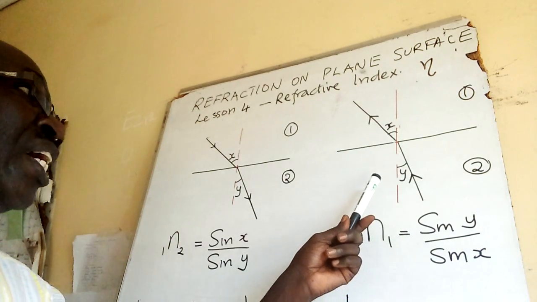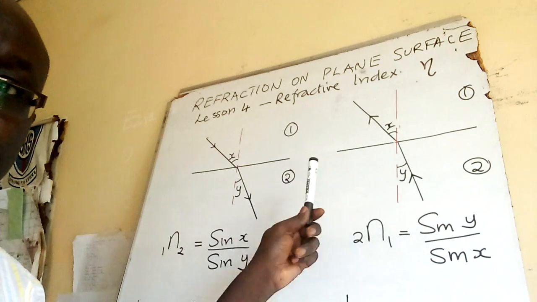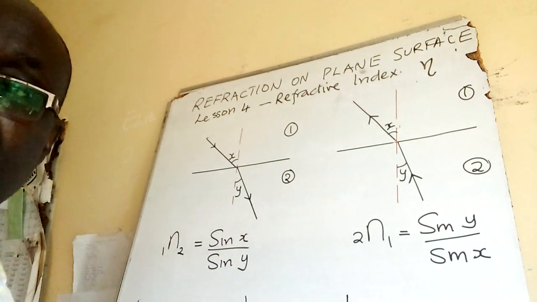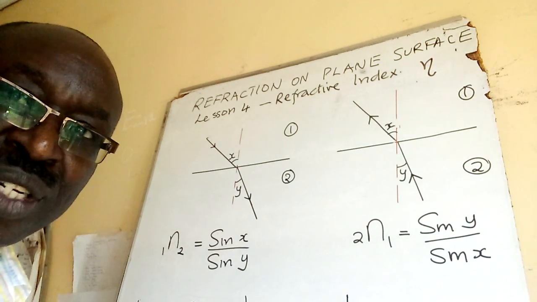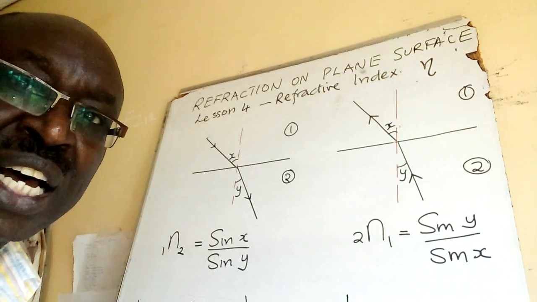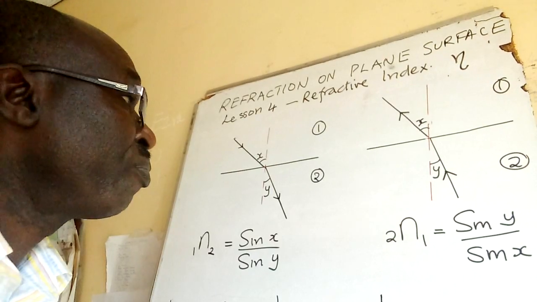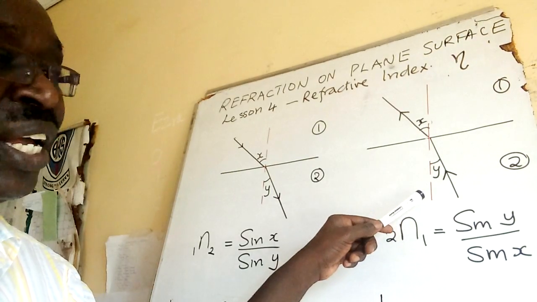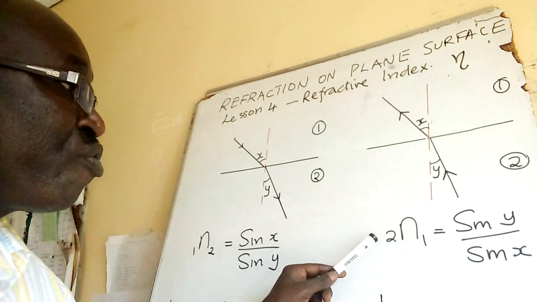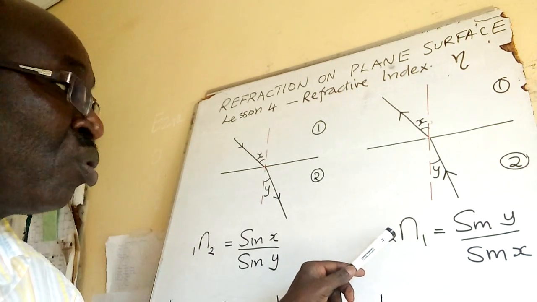Now, if we look at diagram 2, the second part, I've reversed the arrows. So what do we need to understand here this time round? The ray is moving from medium 2 towards 1.